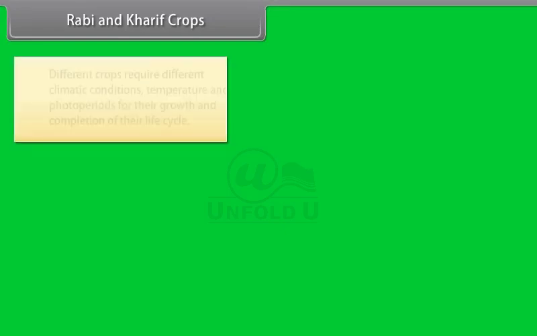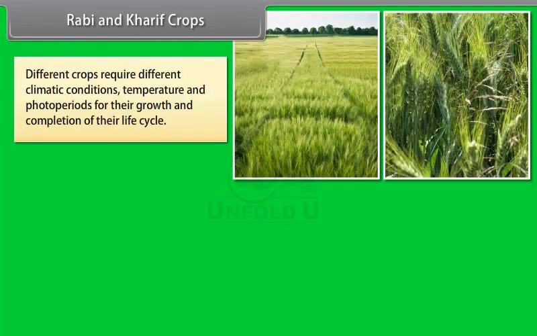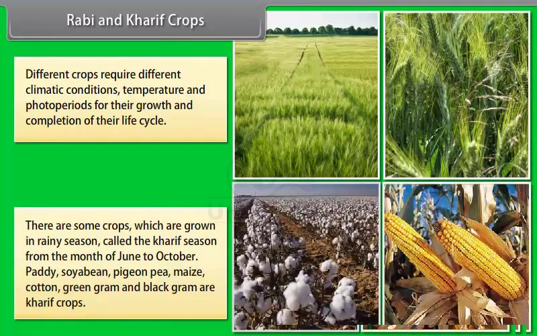Rabi and Kharif crops. Do you know that different crops require different climatic conditions, temperature and photoperiods for their growth and completion of their life cycle? We have already studied that growth of plants and flowering are dependent on sunlight. There are some crops which are grown in rainy season called the Kharif season from the month of June to October.